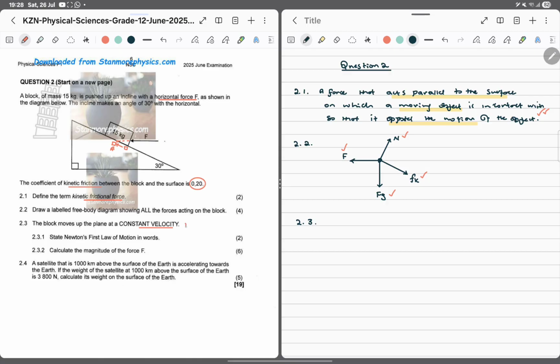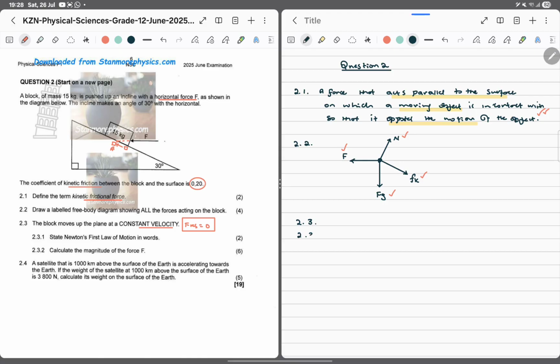So if it is doing so, it means our resultant force is 0. Again, we got a question on the MCQs talking about an object moving at a constant velocity. So these kinds of things just keep repeating. So if you have not noticed the pattern, then I don't know what you are looking at.